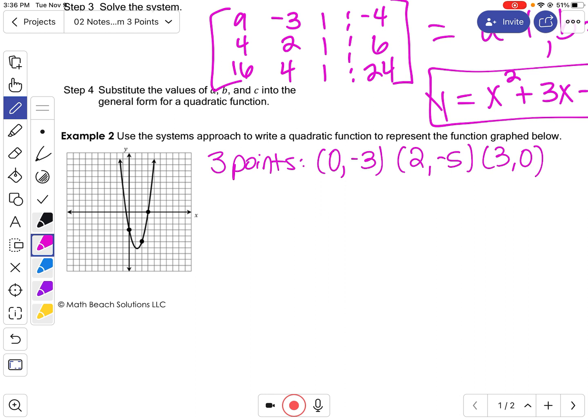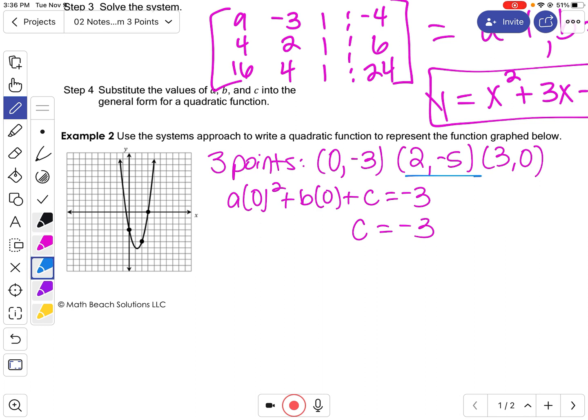We would have A times 0 squared plus B times 0 plus C equals your Y, which is -3. So 0 squared is 0, A times 0 is 0, B times 0 is 0, so all I have for that one is C equals -3.